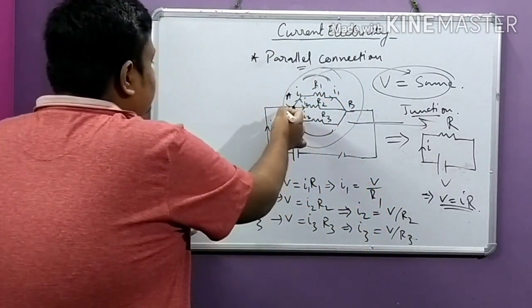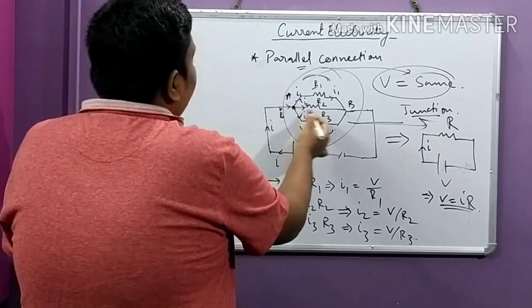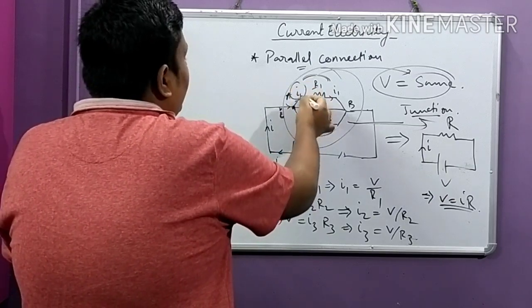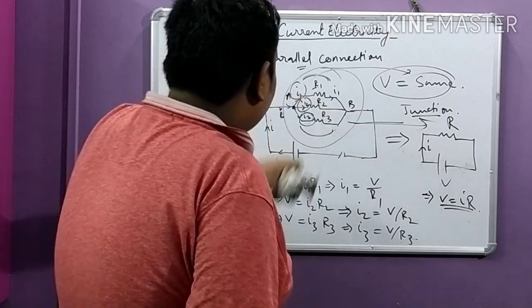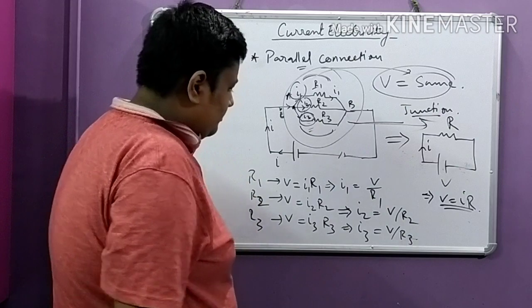Now have a look at this situation. This current I gets divided into three parts, as I1, I2 and I3. They may not be equal, that's something different, but it gets divided into three parts.